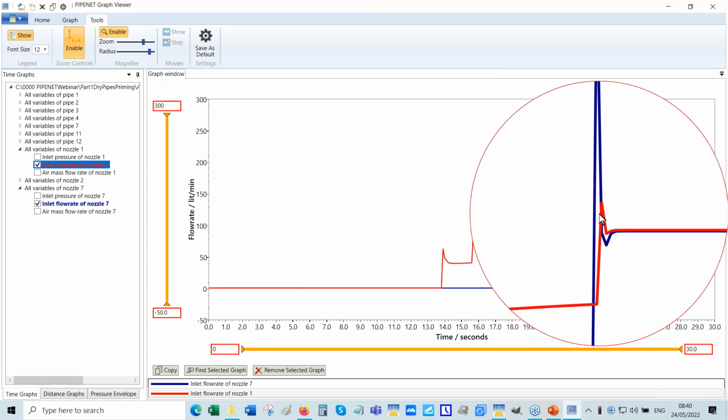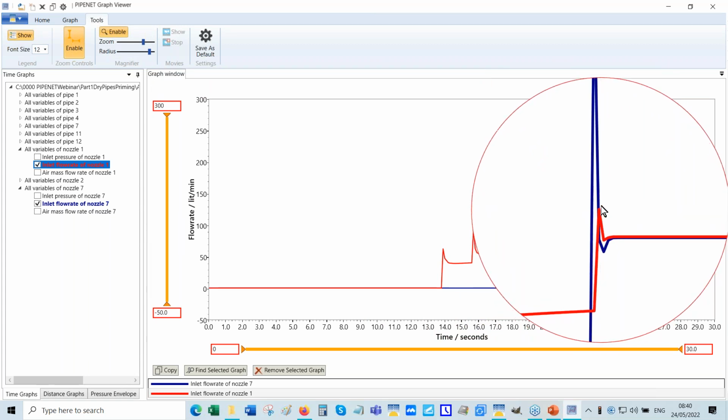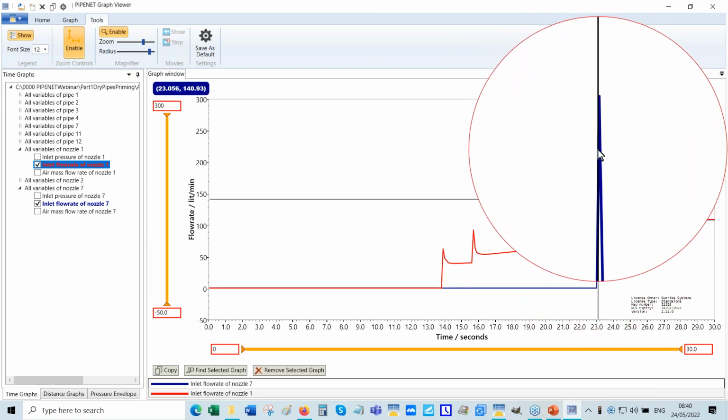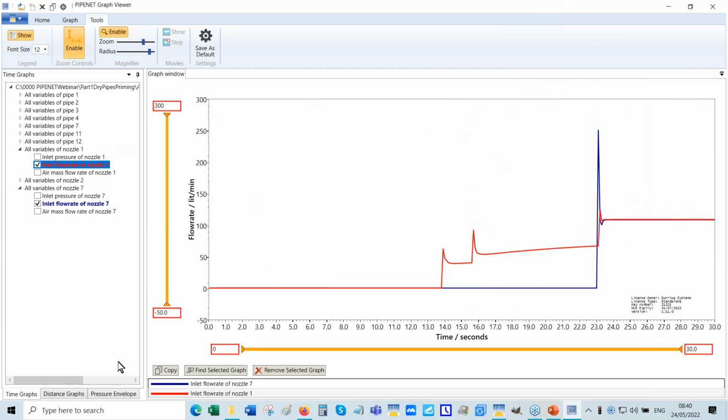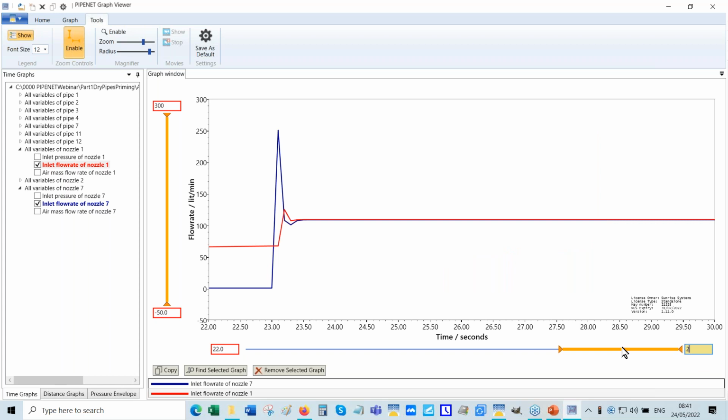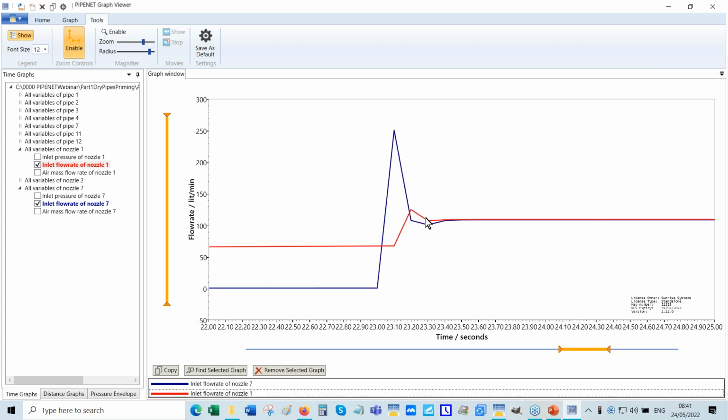You can see that the spike in nozzle 1 happens a little bit after the spike in nozzle 7. I can do the same by zooming in. Zoom in between 22 and 25.